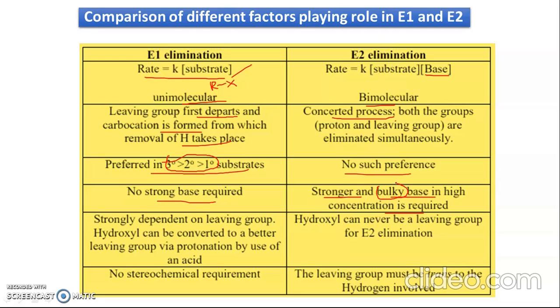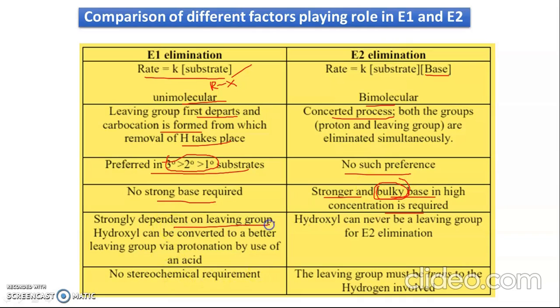Another reason is if the base is not bulky, then E1cB may also take place, because in E1cB the first step is the removal of the hydrogen. As it is less bulky, it can easily approach the hydrogen. So if the base is bulky, E2 will be the major mechanism that takes place.